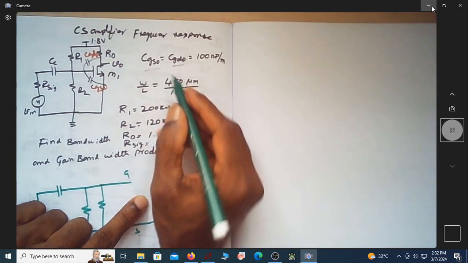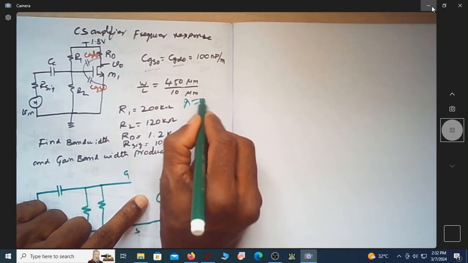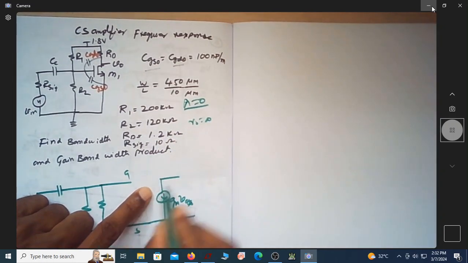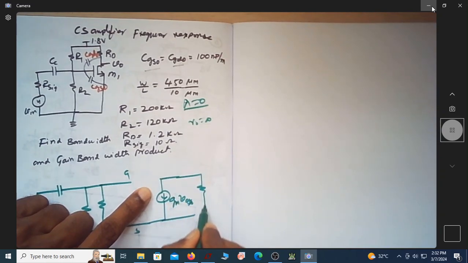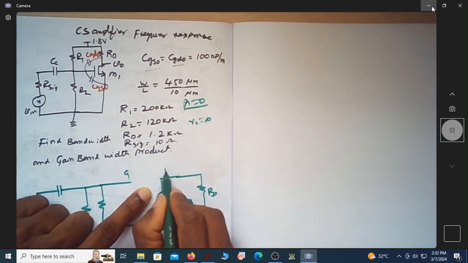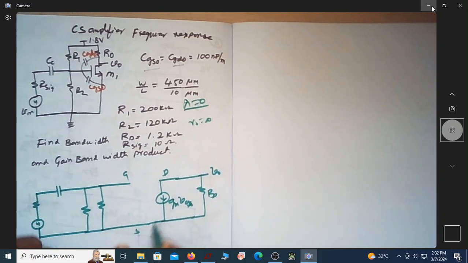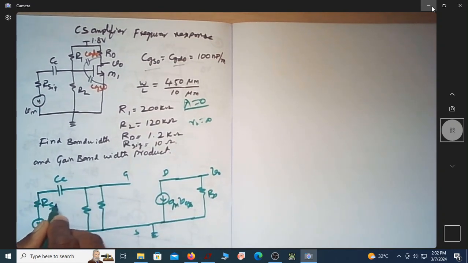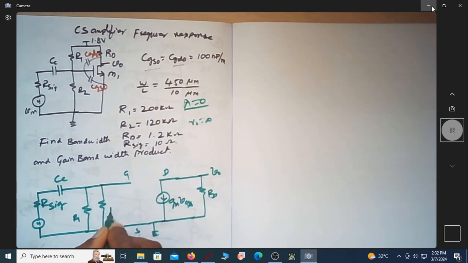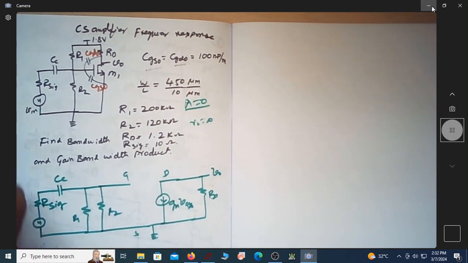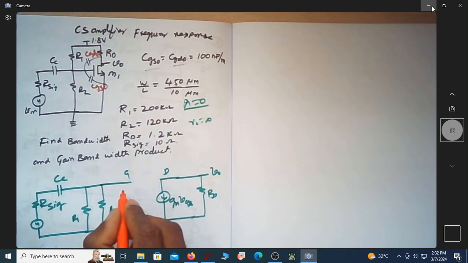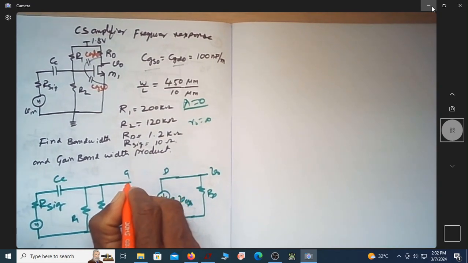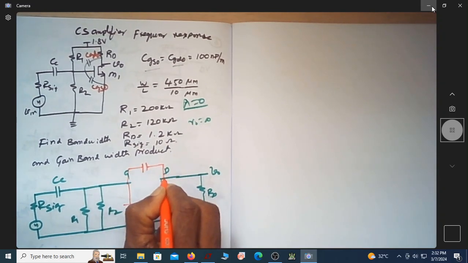Let us assume lambda as 0. If lambda is 0, R0 is infinite, so I am not writing any R0. So this is my RD, this is drain, this is V0, AC ground, this is CC, this is R signal, this is R1, R2. Let me also plug in the two parasitic capacitances, CGSO and CGDO.